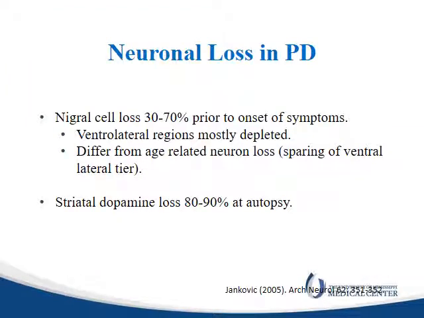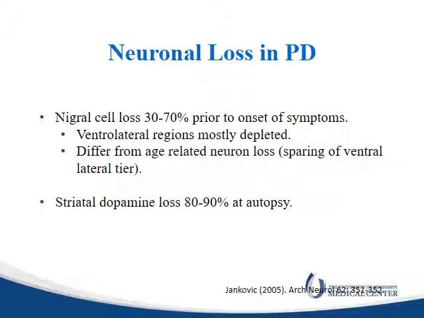It is believed that when a Parkinson's patient shows symptoms, there has usually already been about 30 to 70% substantia nigra cell loss.